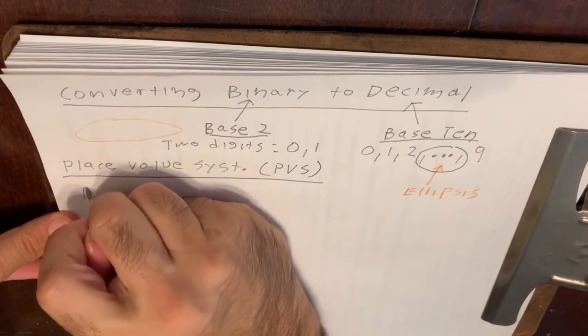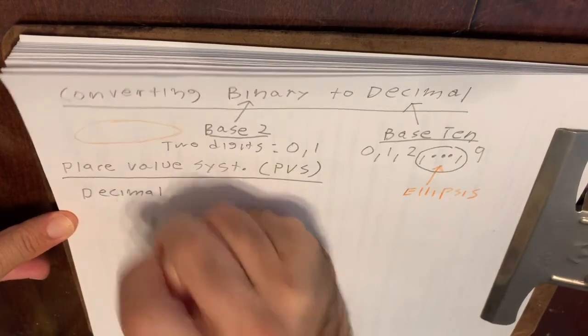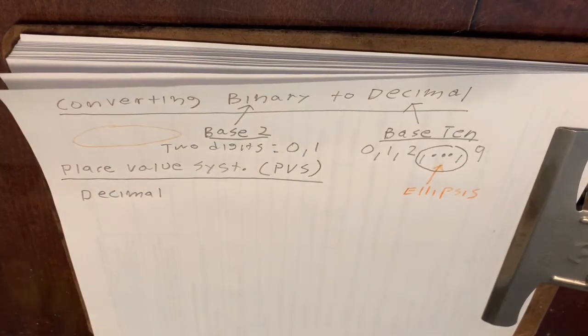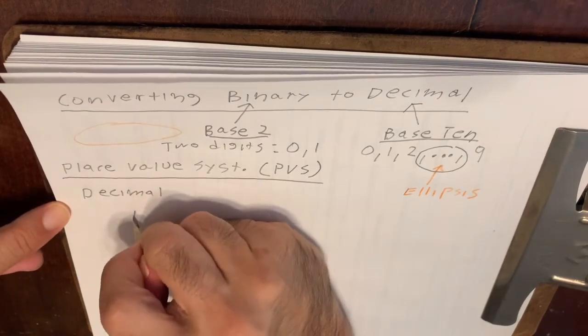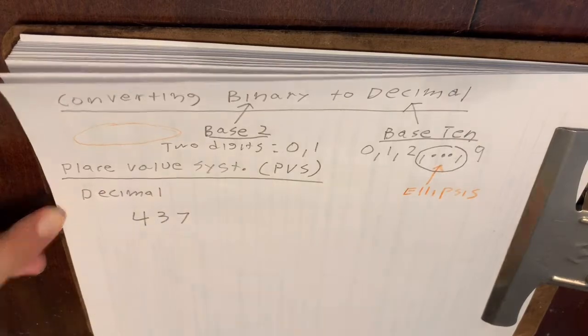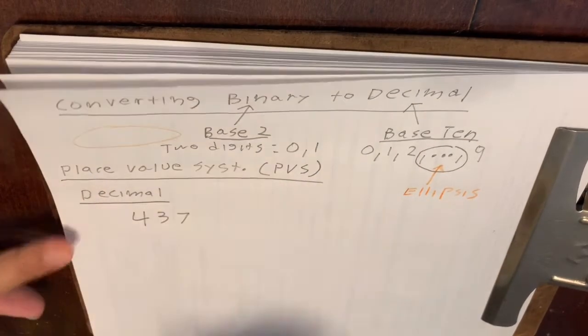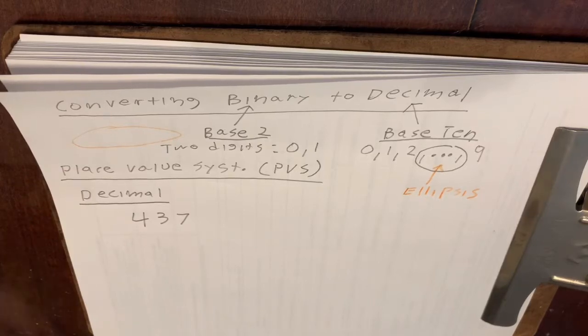So that's what I'm going to do now. I want to start off with the decimal system of numeration, which you already know. And let's consider the number 437. 437 in decimal. Now, you've already been to high school, I'm assuming, if you're taking a college level math class.